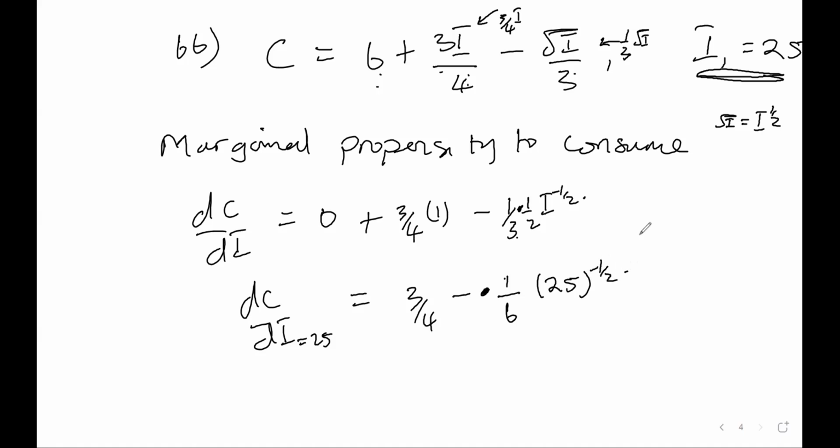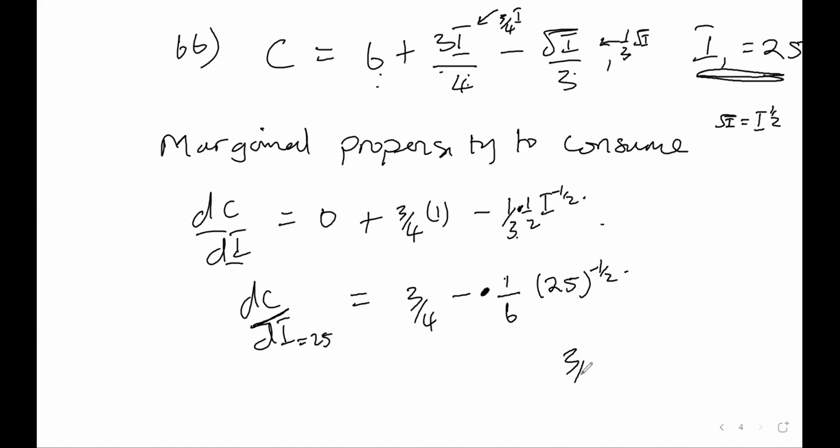We are substituting I equals 25 in this expression to get our exact value for the marginal propensity to consume when the income is 25 units of money. So you then put everything into your calculator. 25 to the negative half will be 1 over 5.